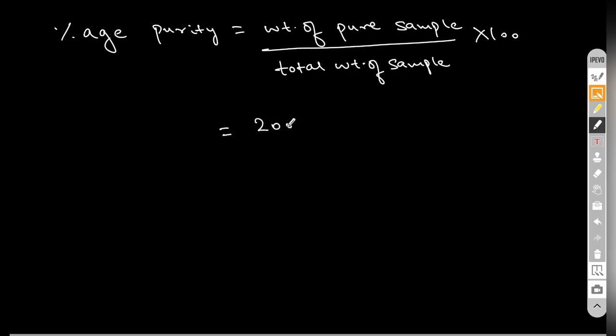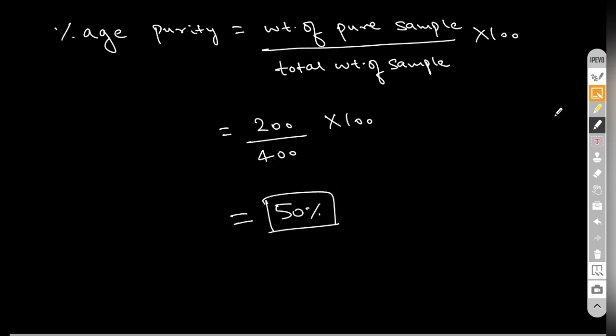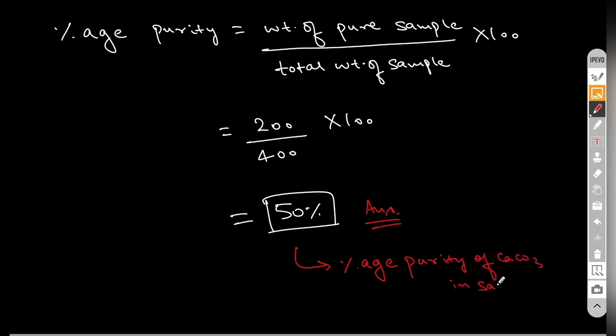Now putting the values, weight of pure sample is 200 gram, we calculated on last page, divided by 400, which was given in question, multiplied by 100. It will come out to be 50%. So this will simply be the answer. This is basically percentage purity of CaCO3 in sample. So this is pretty much it.